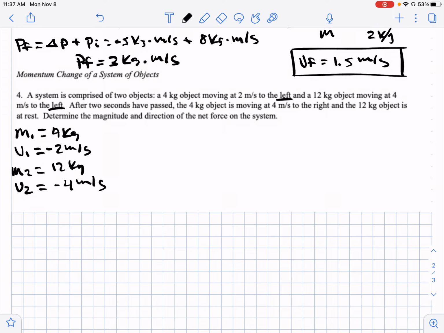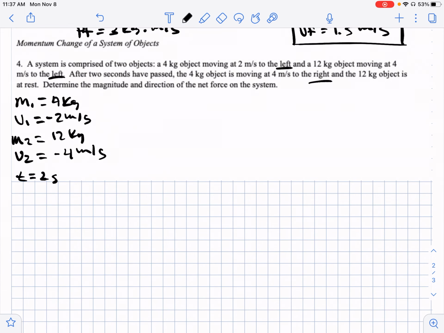After 2 seconds, so we know we have our time is equal to 2 seconds, the 4 kilogram object is now moving 4 meters per second to the right. So let's go ahead and write that down. So afterwards, we got the mass of object 1, it's still 4 kilograms, but now the velocity of object 1 is equal to 4 meters per second.